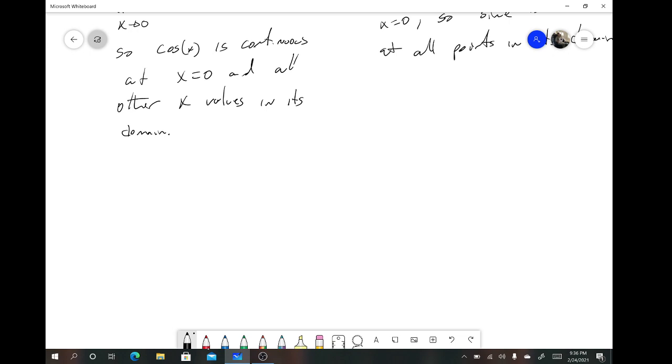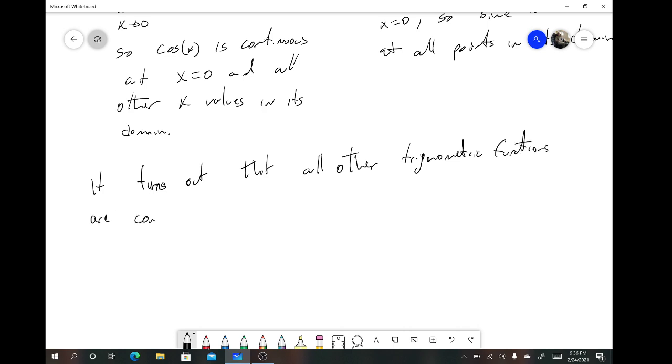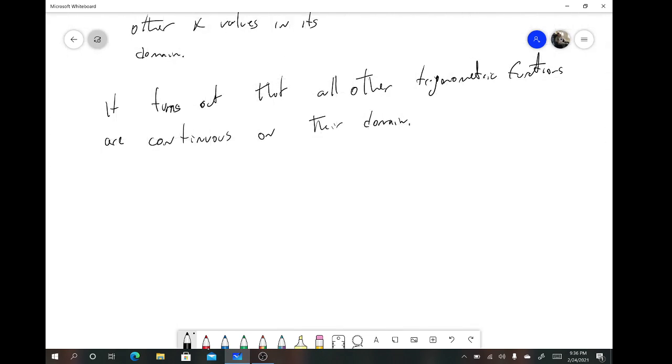It turns out that all other trigonometric functions are also continuous in their domain. So we don't have to worry about them not being continuous. Alright?